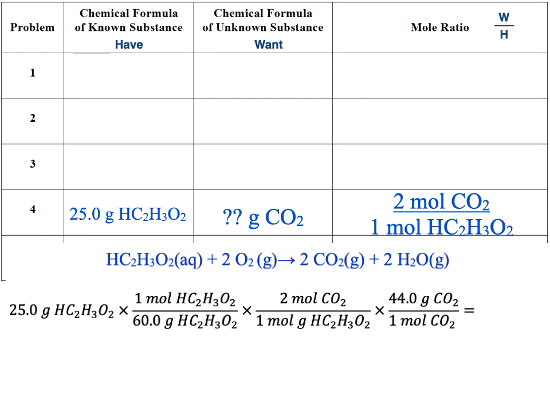Now I look at my math, I don't see anything simple, so I'm just going to do the regular math. Multiply across the top, divide across the bottom. And when you do that, you get 36.7 grams of carbon dioxide. Once again, I start with 3 significant digits, I end with 3 significant digits.